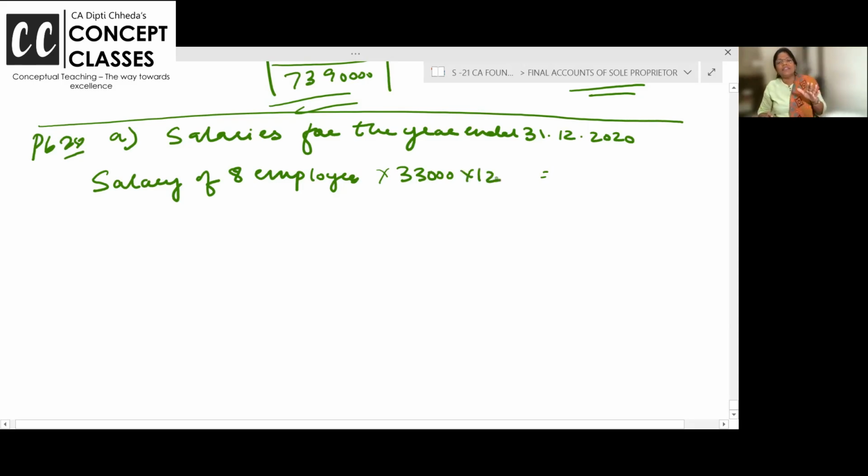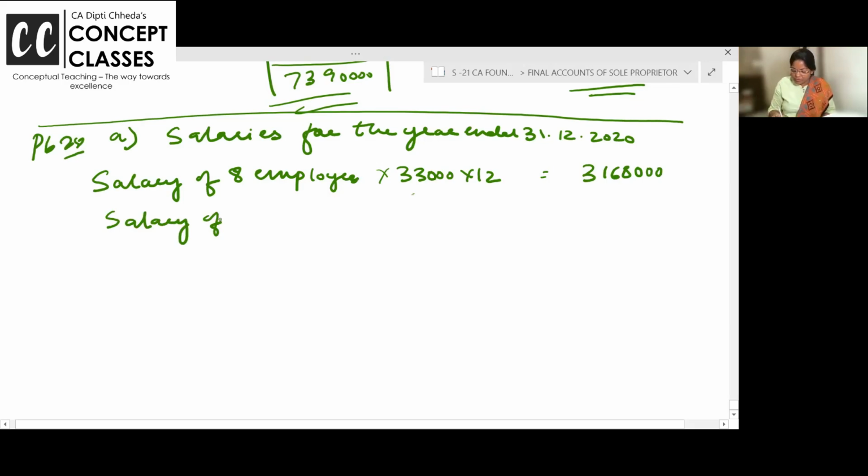Anyone in the class is having doubt? Till last year it was 30, now it is 33. 8 employees and for 12 months. So 8 into 33 into 12 is 31,68,000.